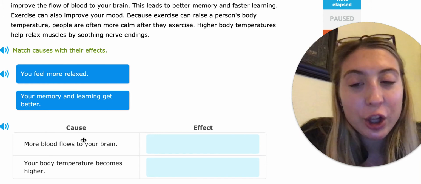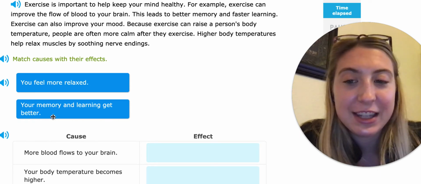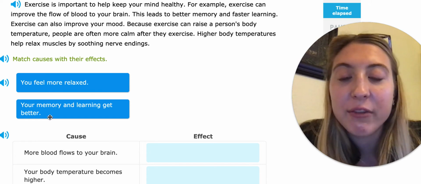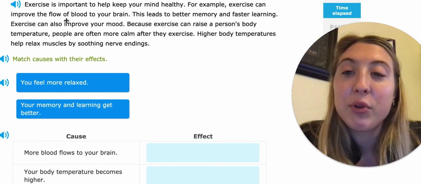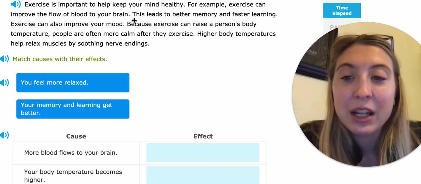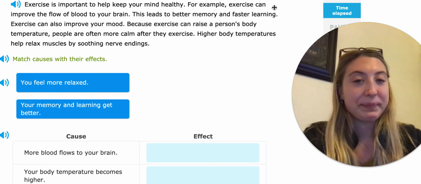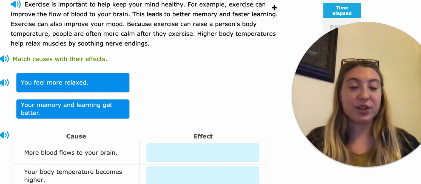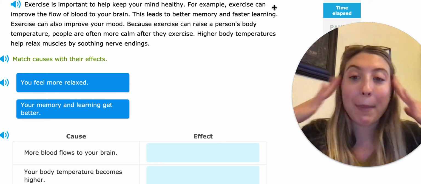So I'm going to look back in my story and see if I can find where it says this. Let's look for more blood flows to your brain. For example, exercise can improve the flow of blood to your brain. This leads to better memory and faster learning. So more blood to your brain helps with your learning and your memory.